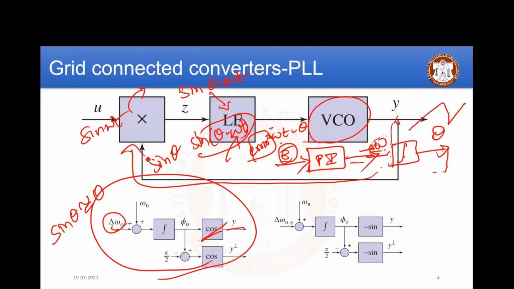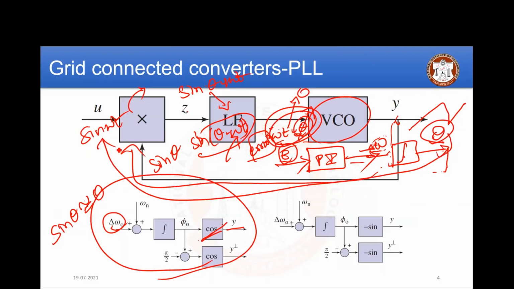That means slowly, it's like feedback. Your theta is getting updated for every iteration, and based on omega t, if the error is 0, whatever the final value of theta that you got, it is tracking your input function. Whatever omega t was there, that will be equal to theta. This is your tracking.